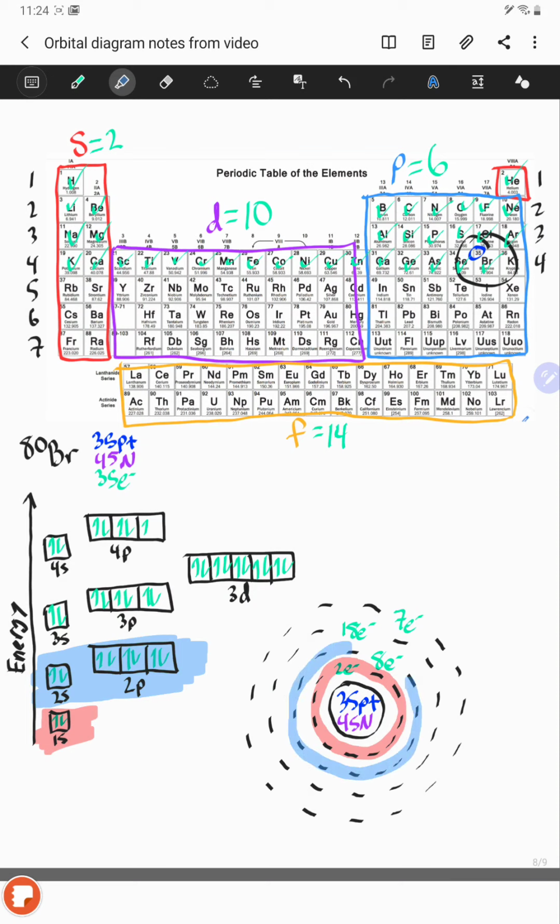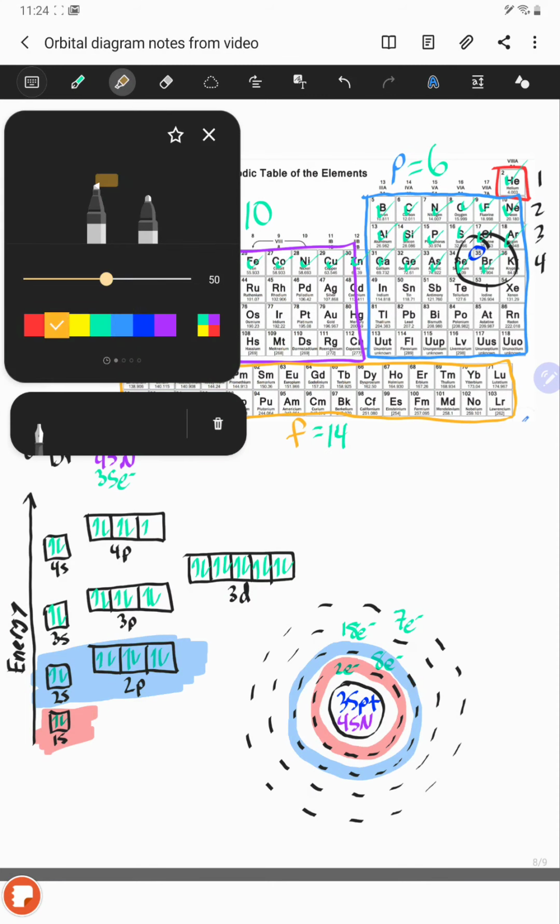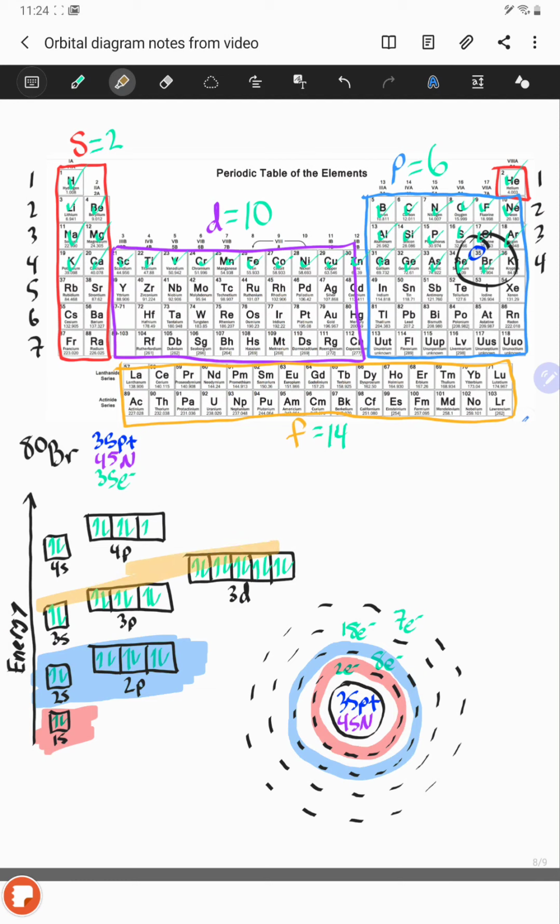We have 8 electrons in the second energy level. Our third energy level has, we can count all these arrows, feel free to count them. We have 18 electrons in this third energy level. And then our last energy level, our fourth energy level here, has 1, 2, 3, 4, 5, 6, 7 electrons drawn.